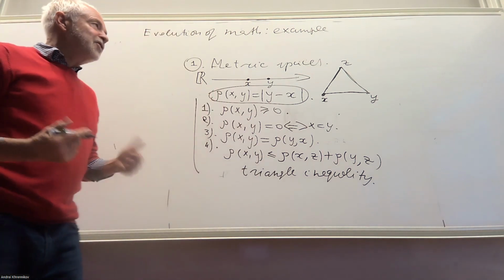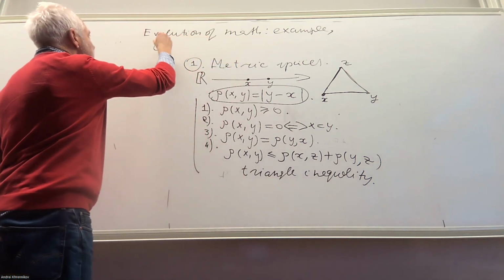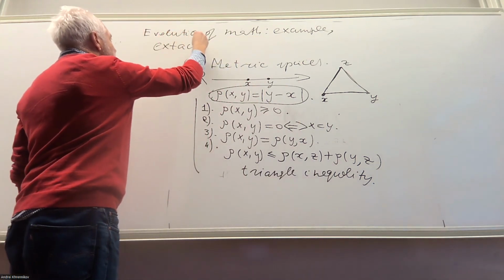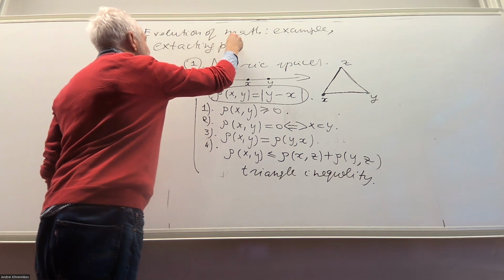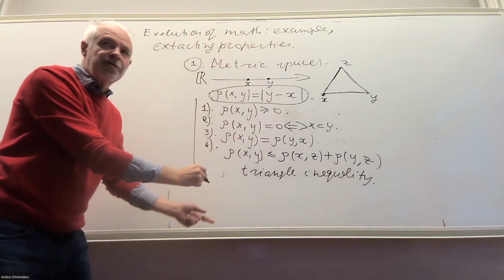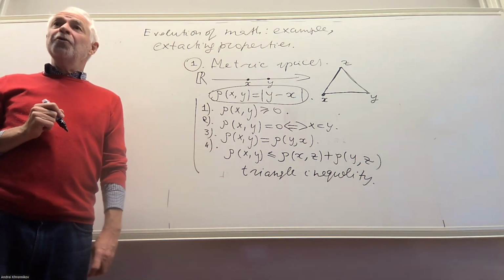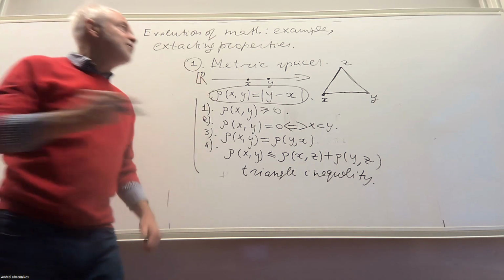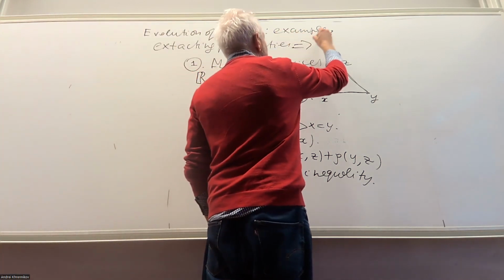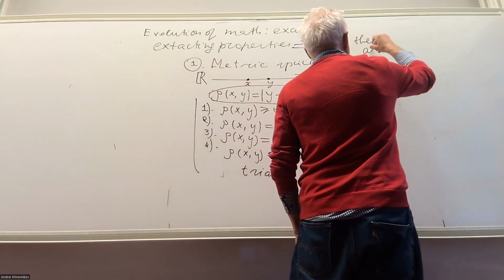Extract properties of this example. This we did. And the crucial step: take these properties as axioms in an abstract situation.